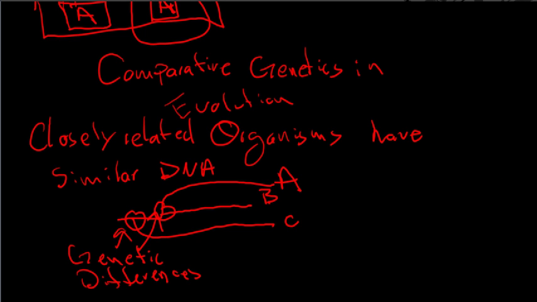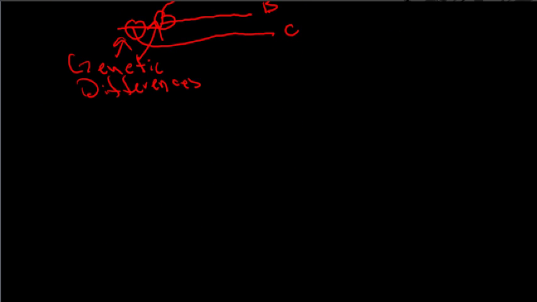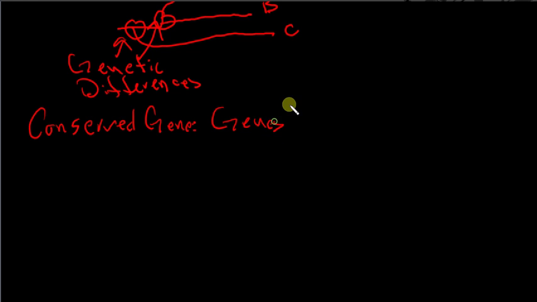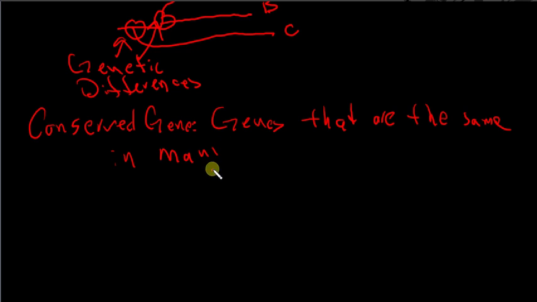What we're going to notice when we compare genomes like that is that there are things called conserved genes. And those are genes that are the same in many forms of life.